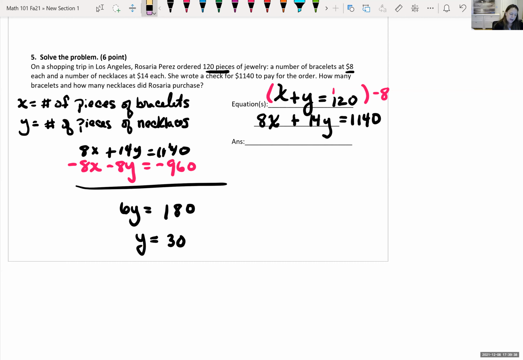So we have 30 necklaces. And 120, because we have 120 total, minus the 30, that gives us 90 bracelets.